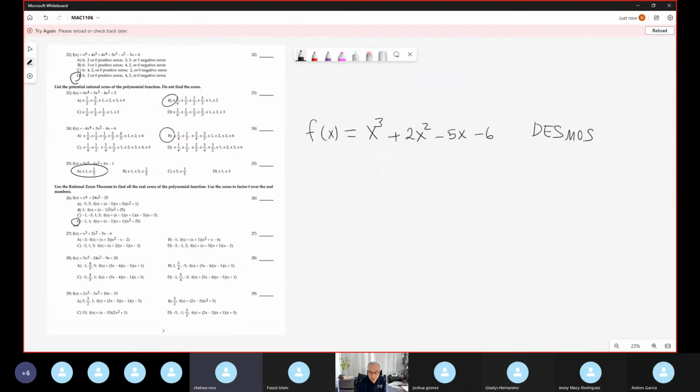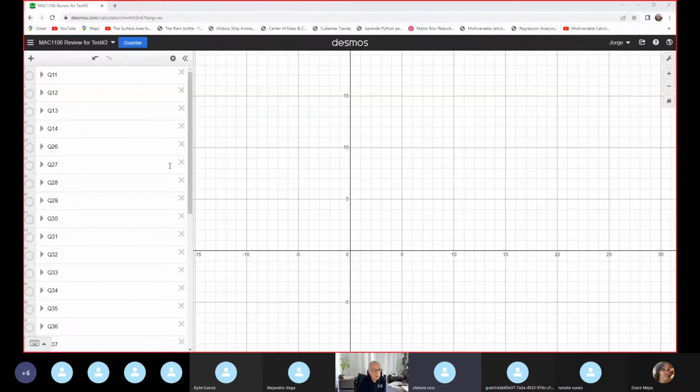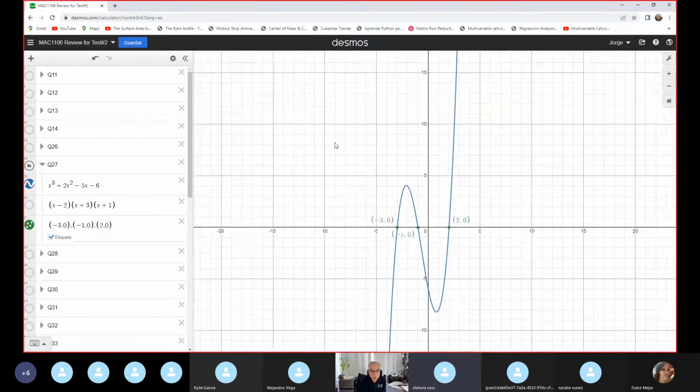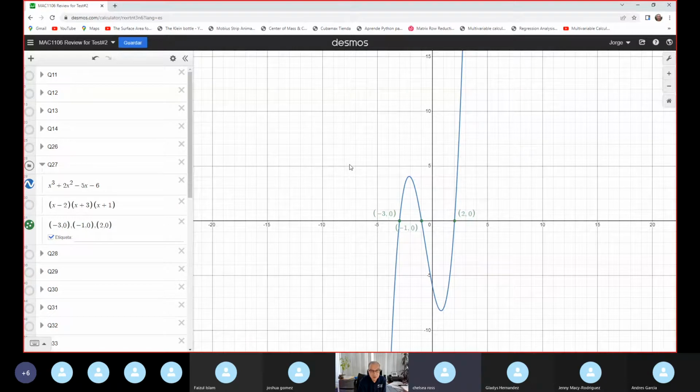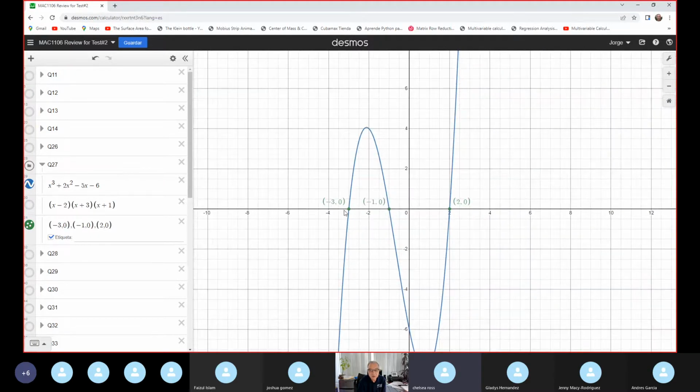Okay. Here I want to share Desmos. Okay. You see? Yes. Okay. Look at question 27. I am doing 27. Is this? Oh, it's the polynomial graph, degree 3. You have 2 turning points, 1 and 2. But I see clear like water, 3 zeros. Actually, I plotted that because I did the problem, no?